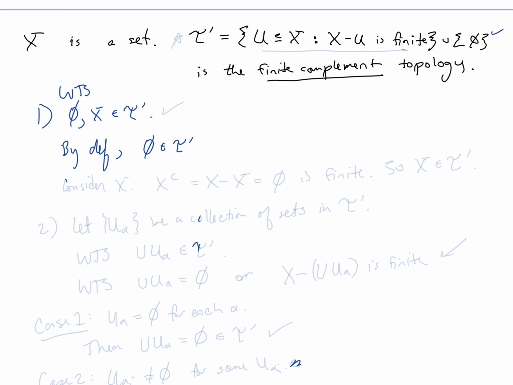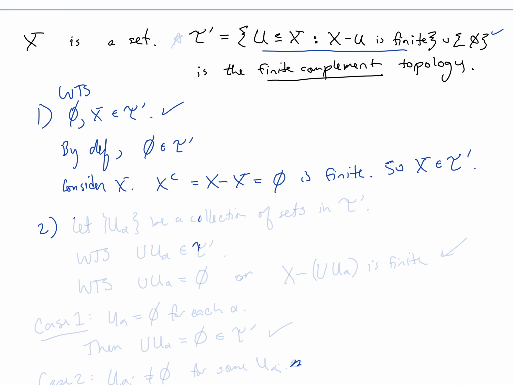And now let's consider X. Then X complement, or X minus X, is equal to the empty set, which is a finite set. It contains 0 elements. Because X minus X is finite, that meets the definition of being in tau prime. So yes, X is in tau prime, again by the definition of tau prime. So great, we have this property.